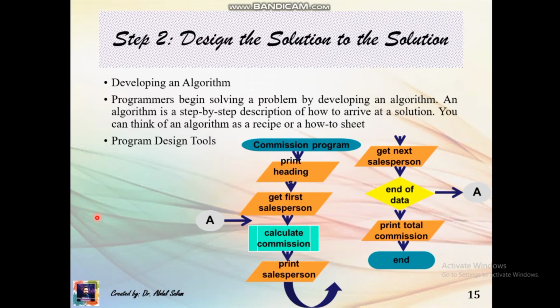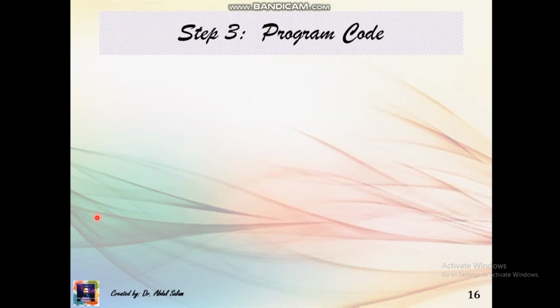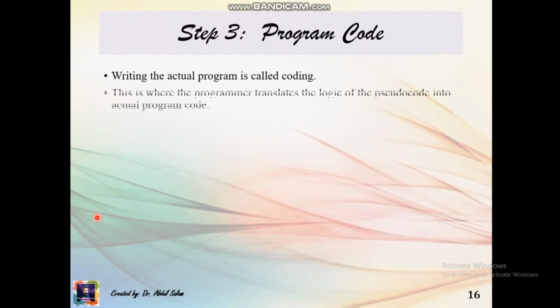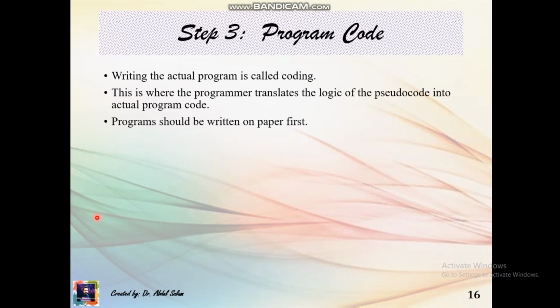Program design tools. The third step is code the program. Writing the actual program is called coding. This is where the programmer translates the logic of the pseudocode into the actual program code.